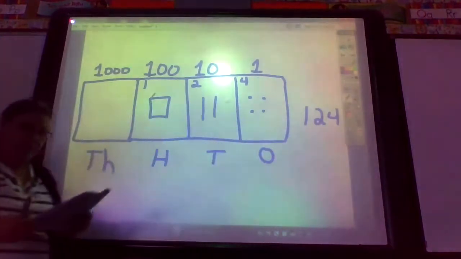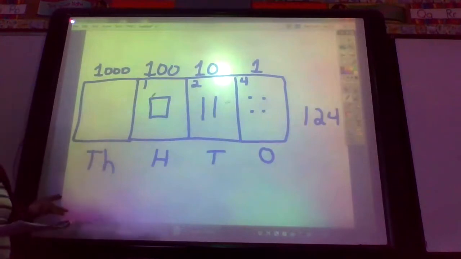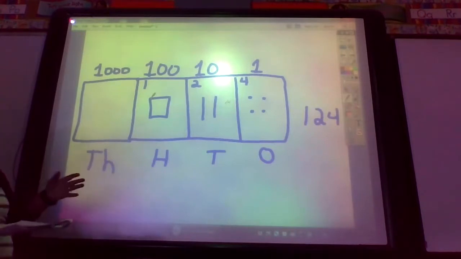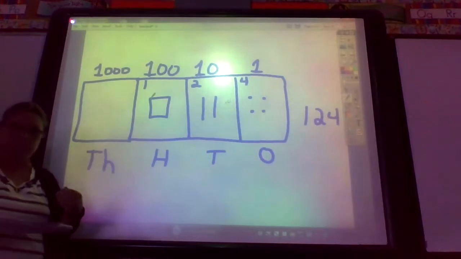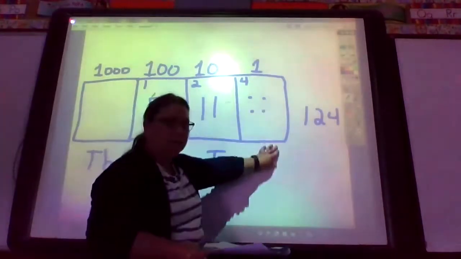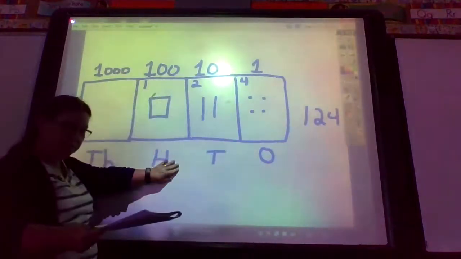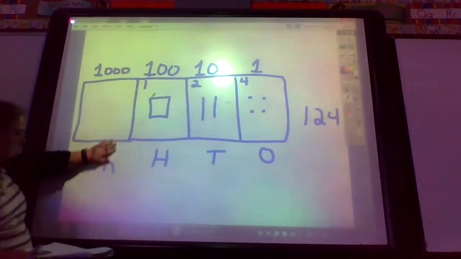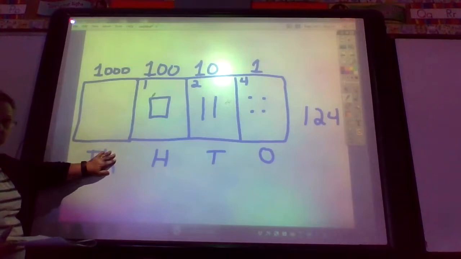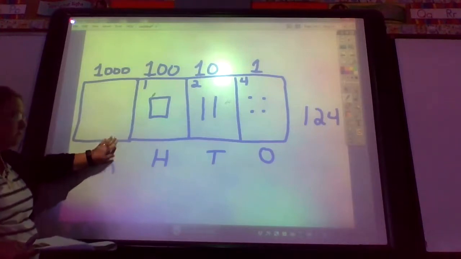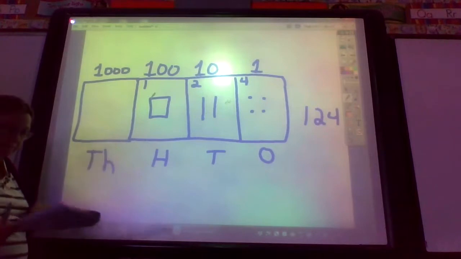I put it in my boxes, in my chart, in a place value chart. Ones at the end, then tens, then hundreds. If I needed to go to thousands, this would be my thousands. Usually we don't get into thousands yet until the second semester, but that would be where thousands would be.